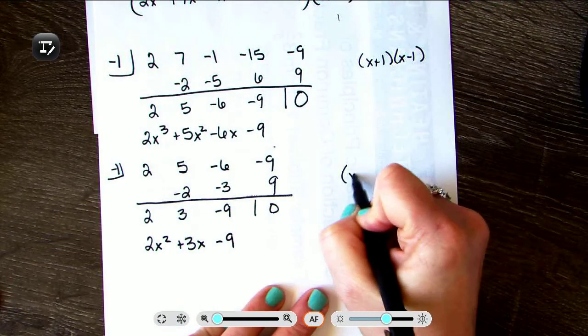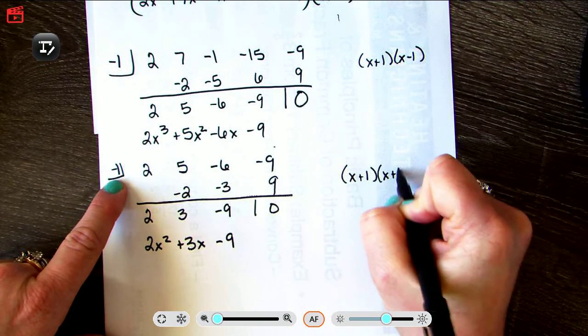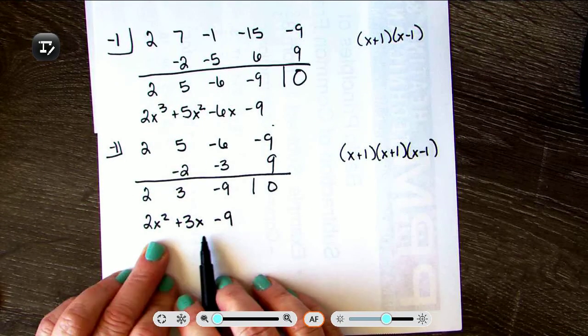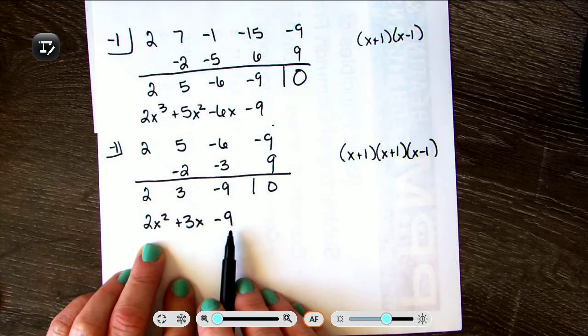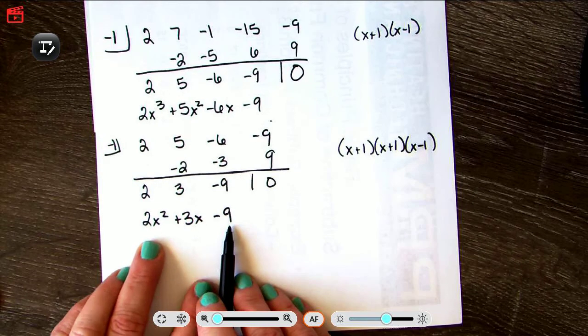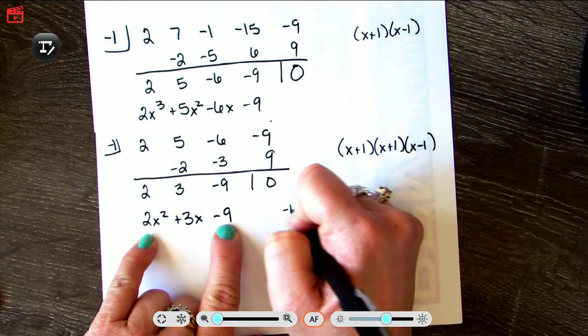So I now know I have x plus 1 twice, and that x minus 1. And I also know that now I am down to a quadratic. So I can find the zeros by factoring, if at all possible. So I'm going to factor this if I can. I'm going to multiply those two guys together, so negative 18.